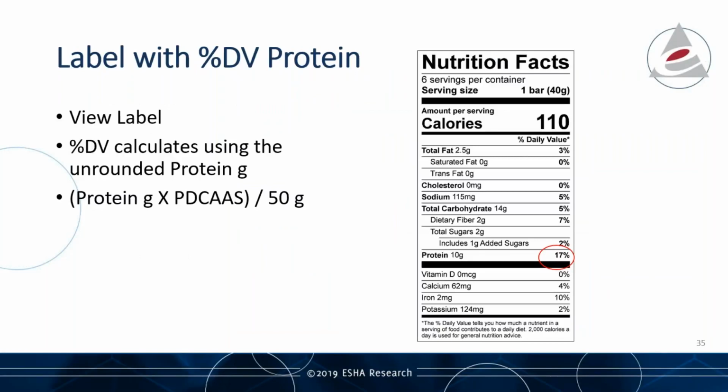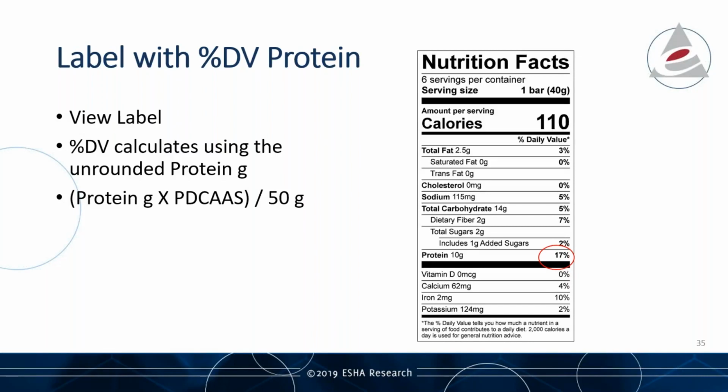And just as easily, you can view the label and see that percent DV is displayed. The percent DV calculates here using an unrounded value for protein. So remember that my example recipe had 9.54 grams of protein per serving. 9.54 times the PDCAAS of 0.89 gives me 8.49, and divide that by 50, the DRV for protein, gives us a 17% DV for protein on this label.